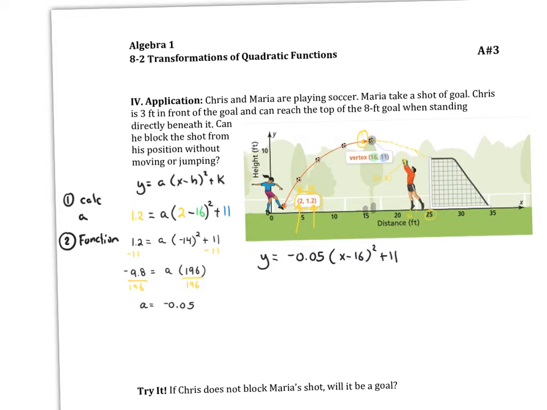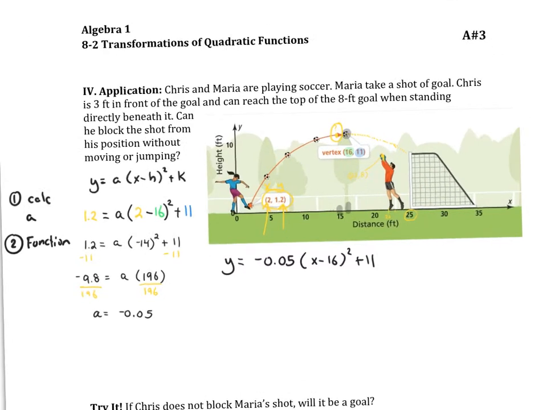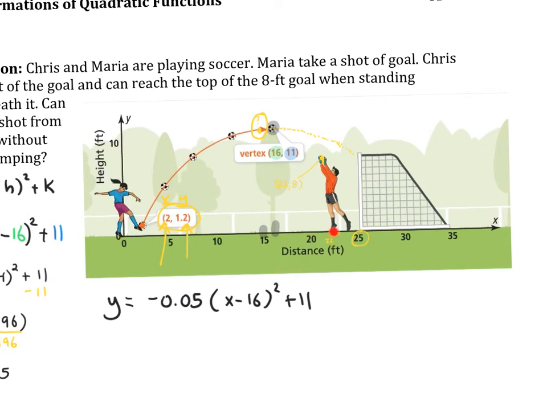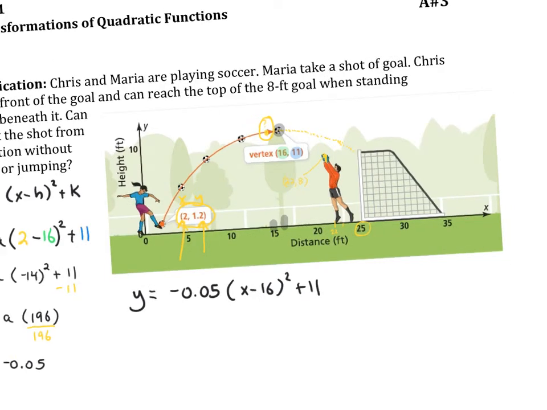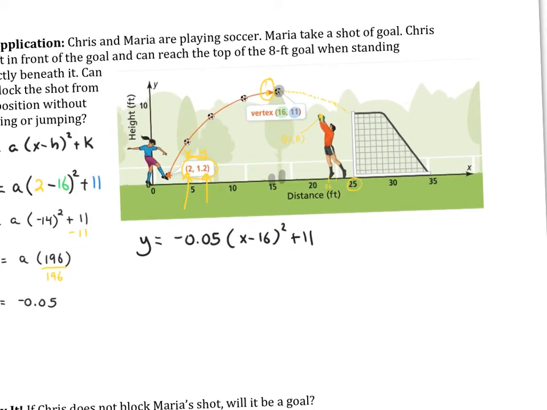And what can we do with that function? Well, I can see what the height of the ball will be at 22. So, what's the height of the ball at 22? Or the altitude of the ball at 22 feet? Well, I'll plug things in.